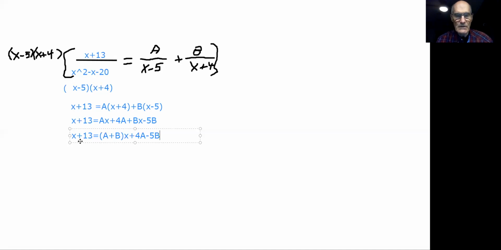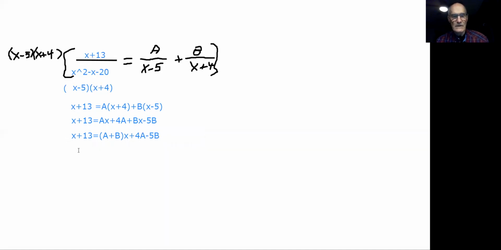Now, the key to this problem is when you have a linear expression on the left and a linear expression on the right, the corresponding coefficients have to be the same. So you get that A plus B, which is the coefficient of the x term on the right, equals the coefficient of the x term on the left.